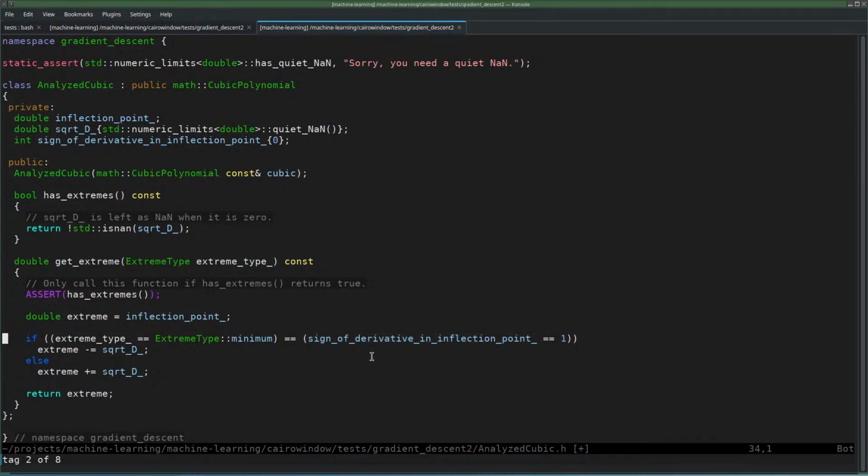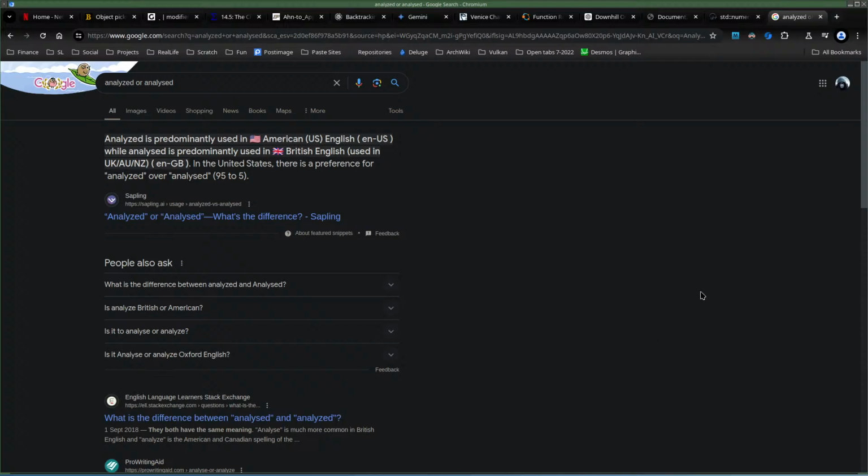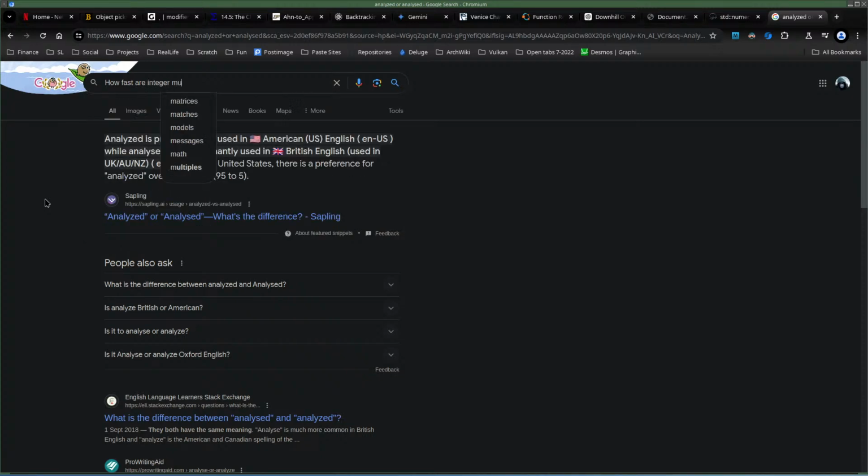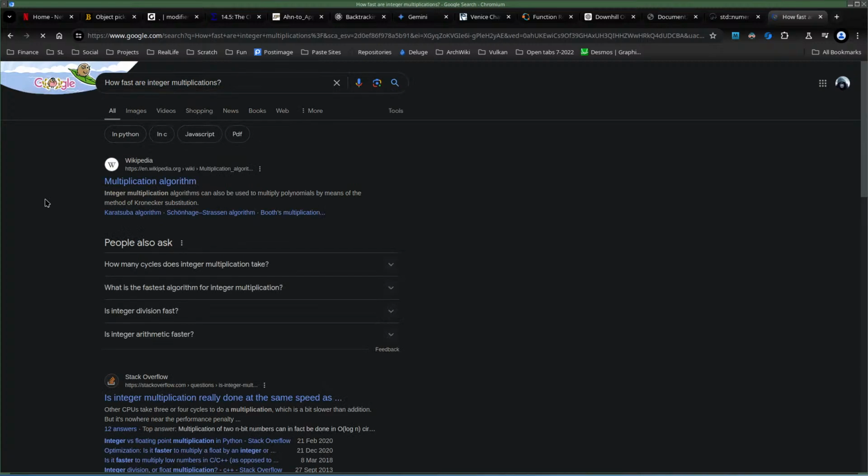I have no clue whatsoever how quick integer multiplications are. And it doesn't matter what the value is of an integer. So let's find this. How fast are integer multiplications these days?